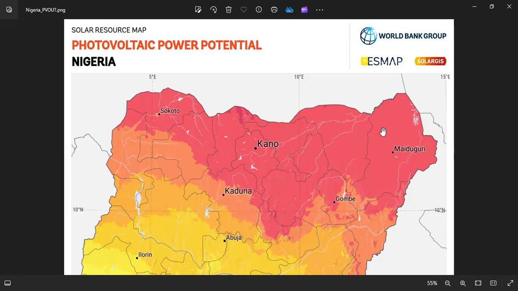So what we were saying is you cannot say, because Maiduguri has a very good solar PV power potential, you'll just go and place your solar vertically and you will harness 4.8 kilowatt hours in a day from your 1 kilowatt of PV capacity.